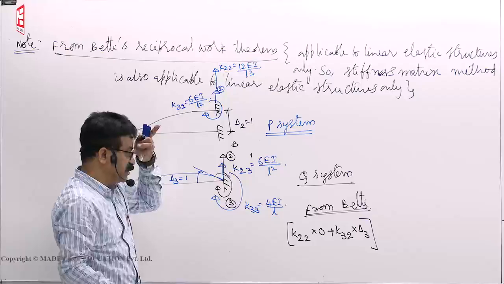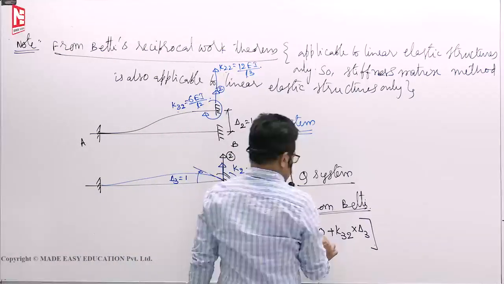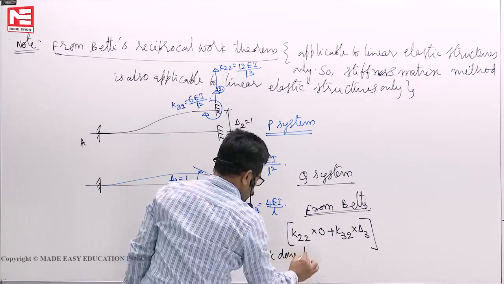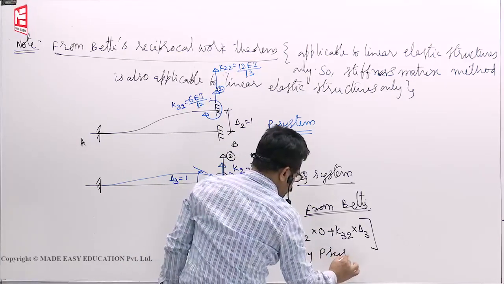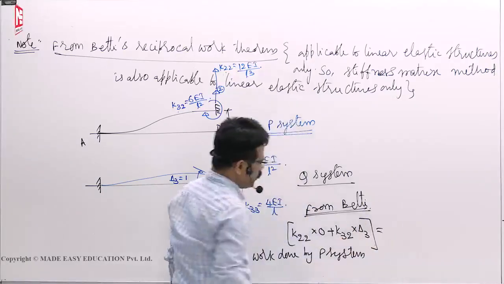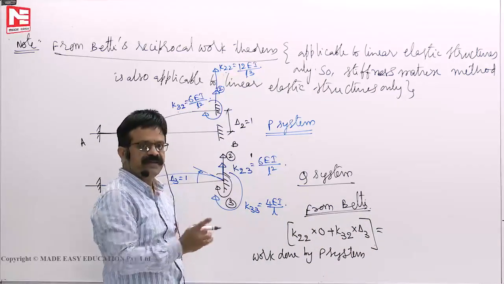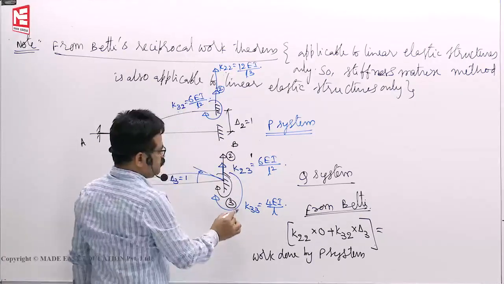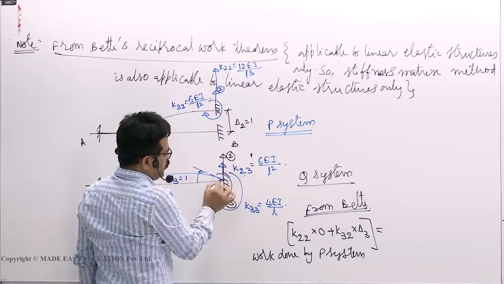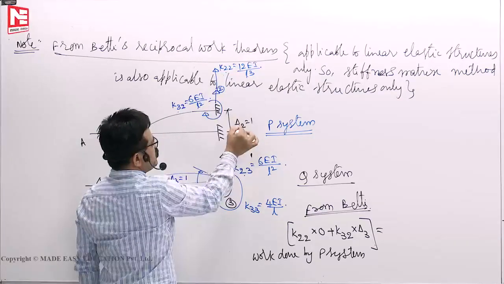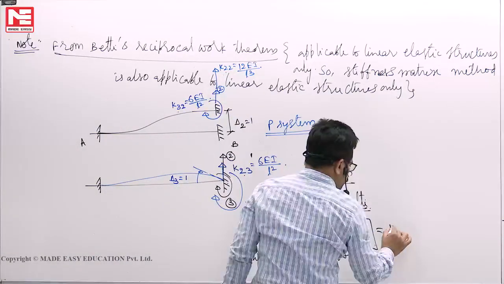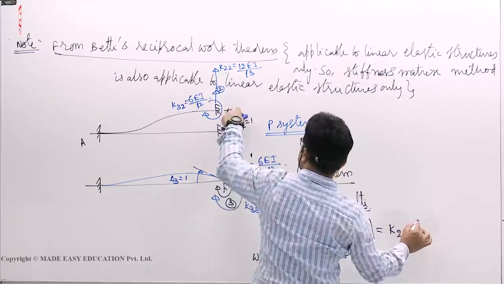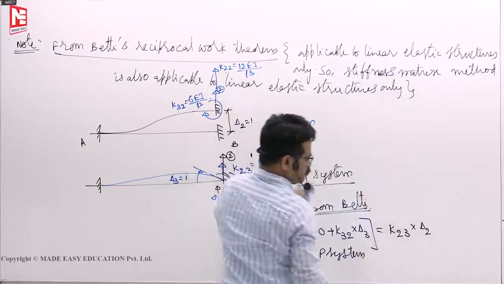Now delta 3 general term, we will make it as 1. This is work done by P system, must be equal to work done by Q system during the displacements of P system of forces. Now this one K23 here is there. How much it displaced? 1. Must be equal to K23 into corresponding displacement here, delta 2.